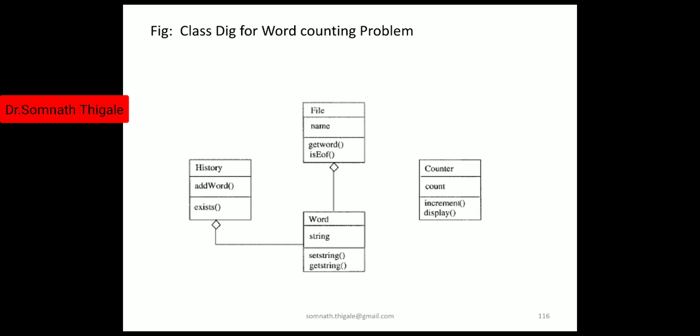There are two types of part-of relationship, a stronger one or a lower one. Here the diamond is not filled, which means the lowest, weaker type of relationship.